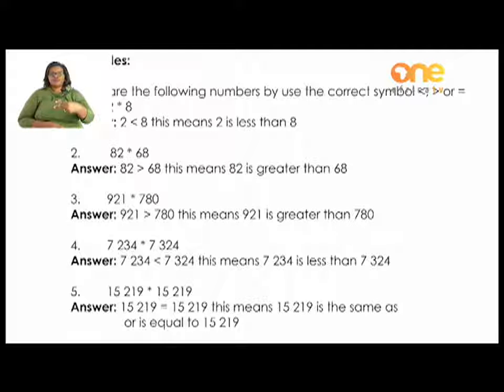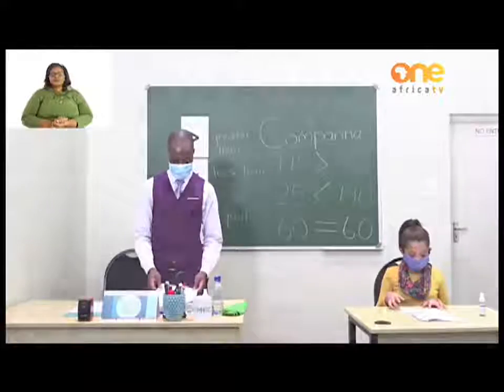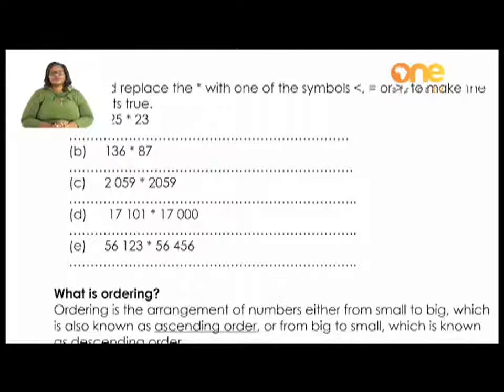Then on number 5, we are having 15,219 and 15,219, which means the two numbers are equal. Let us now go to page 13. There's an activity there.